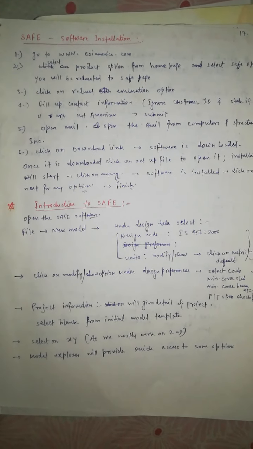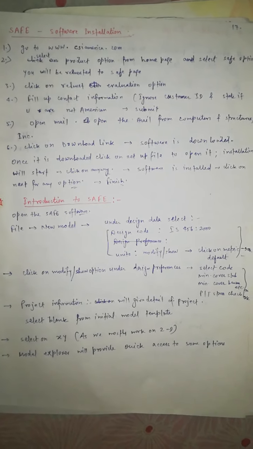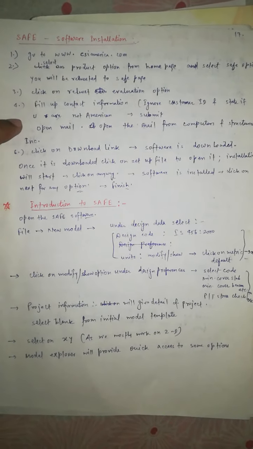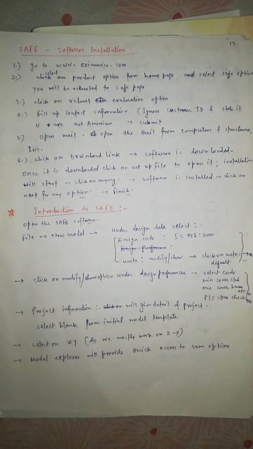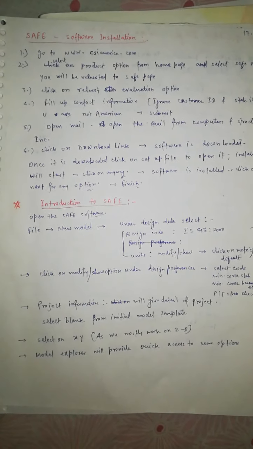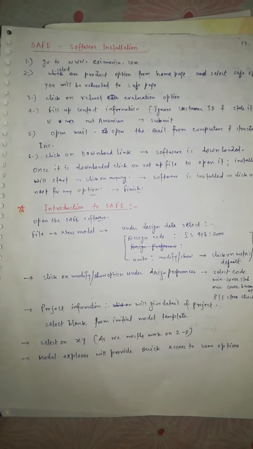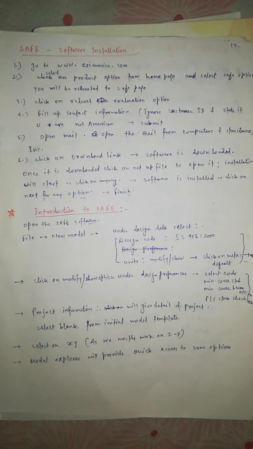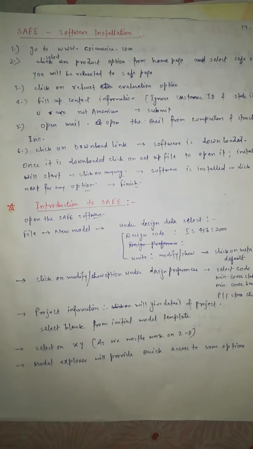Now we will learn how to install SAFE 2016. Here are the steps shown to you for how the software is installed. Every step is mentioned. I am not showing it on the computer because my computer is not working. Sorry for it. You can see it and install it.